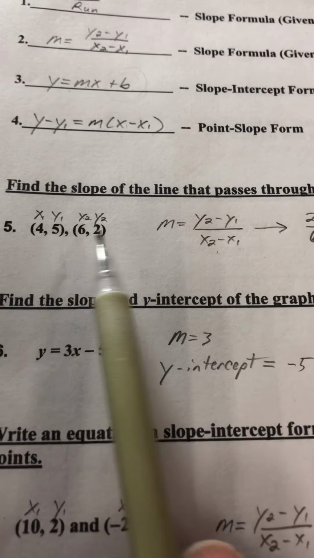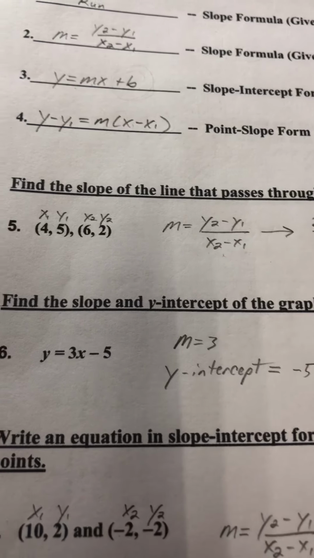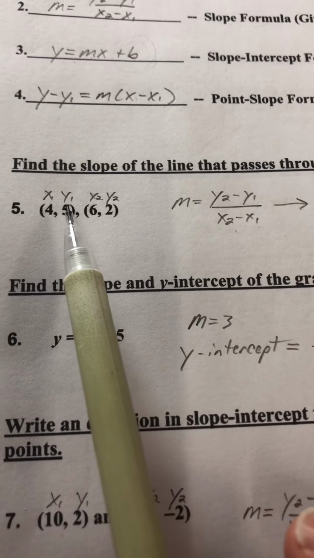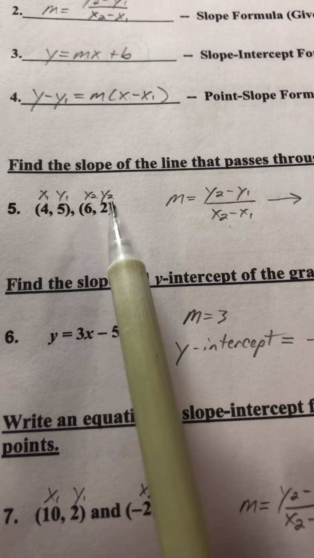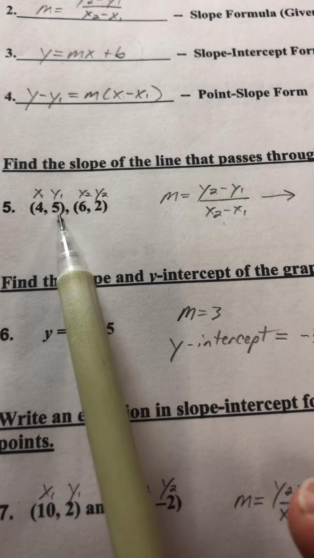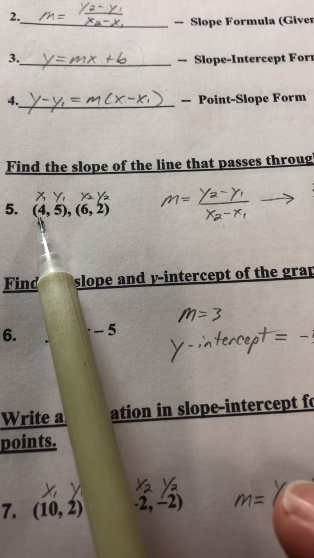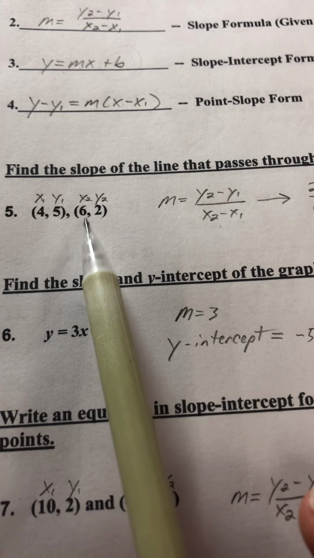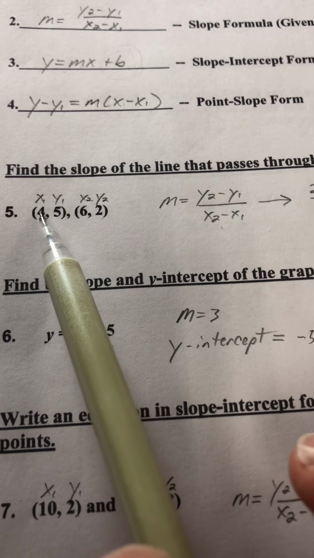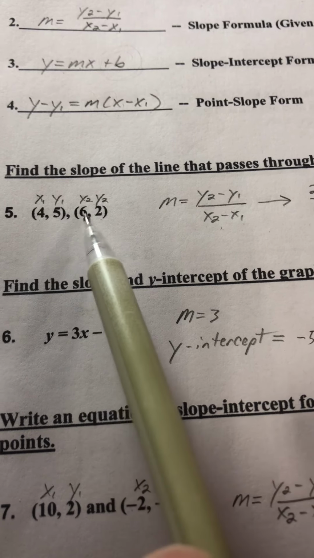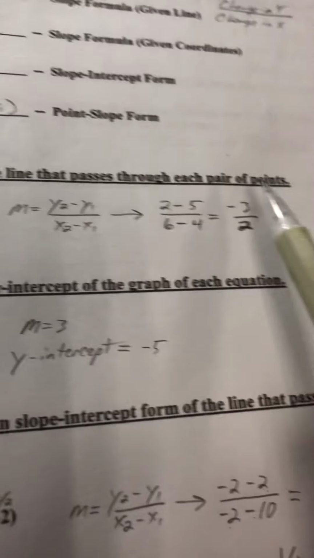If you mix these up, that's okay. You could actually mix them up. I don't know, maybe I shouldn't be telling you this, but just FYI, if I went y1 minus y2, that would be 5 minus 2, which is 3. And then I did 4 minus 6, as long as I keep in the same order. Notice I went y1 minus y2, and then I went x1 minus x2. 4 minus 6 is negative 2, so you still have negative 3 over 2.